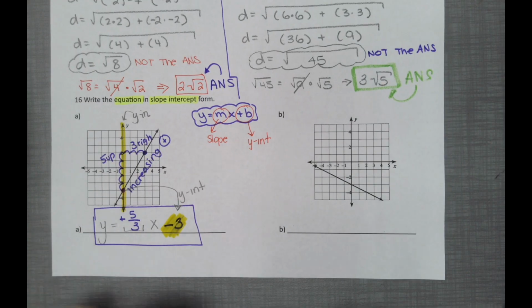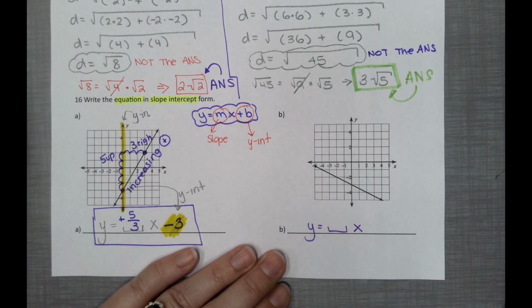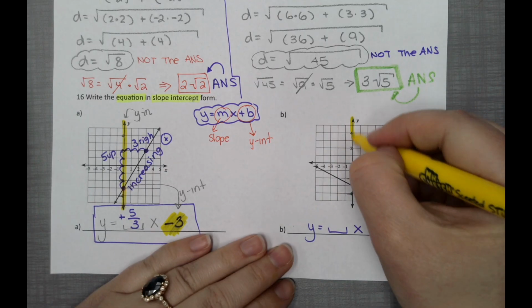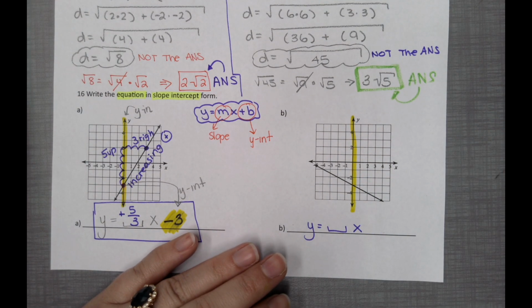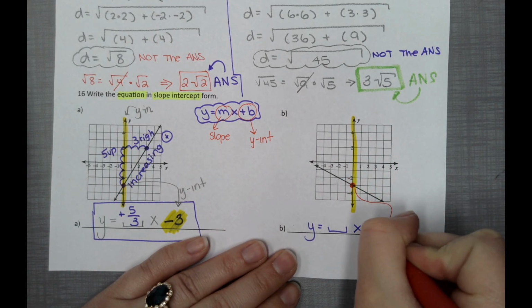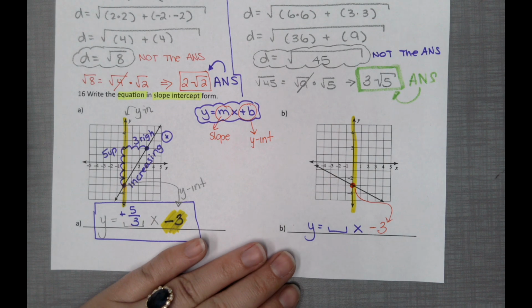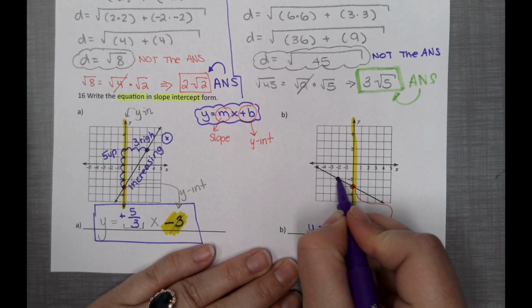Let's try this again. Again, y equals slope x. Let's find the number on our y-axis, which is, oh, looks like -3 again. It's not always -3, just keep that in mind. And let's count our slope. Let's find another pretty point. Oh, looks like I have a pretty point here.